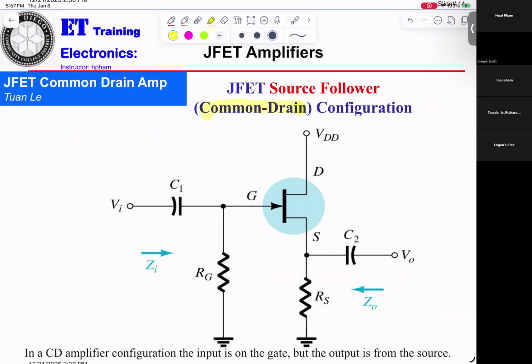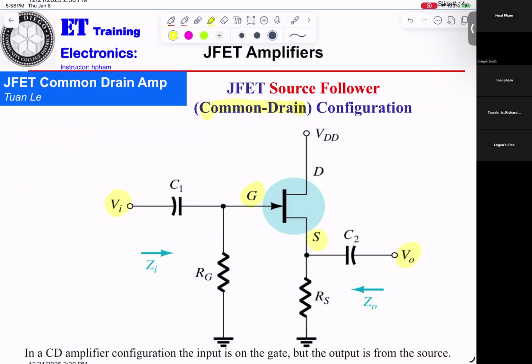You can see V in here applied to the gate, and V out will be coming from the source. See that? That is common drain. If you're looking into the circuitry of a JFET amplifier and you cannot recognize common source or common drain or common gate, then you cannot do anything.